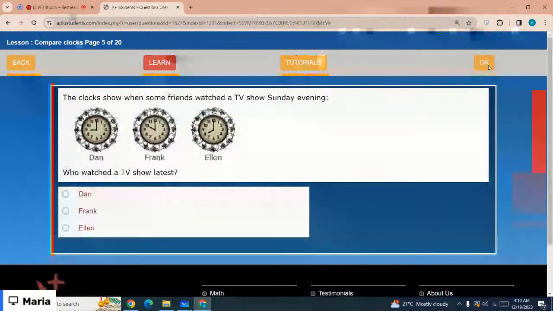The clock shows when some friends watched a TV show Sunday evening. Dan at 9, Frank at 10 and Alan at 8. You need to see who watched the TV show latest. So which is the correct option? The times are 8, 9 and 10.